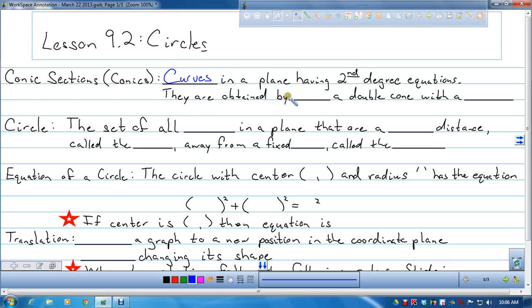They are obtained by slicing a double cone with a plane. Okay. Now the set of all points. Okay, we're going to define this circle here.